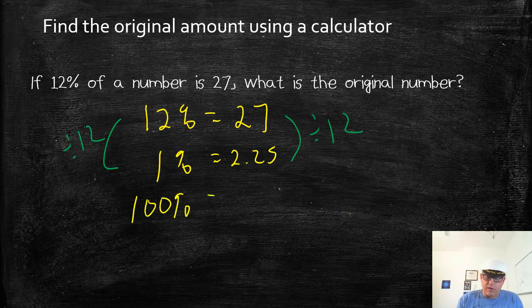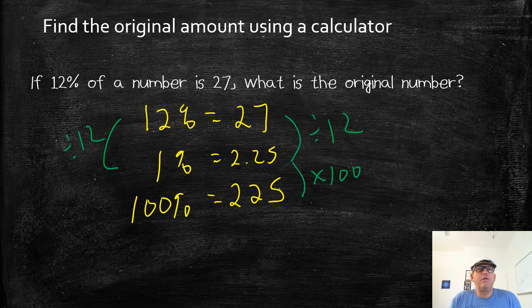And the question says, what's the original number? The original number is 100%. 100% of something is something. If I have 50 reals, 100% of 50 reals is 50 reals. So I'm multiplying by 100 this time, so I'm going to end up with 225. Another nice way of laying out your work like this is that in our next module, we're probably going to be looking at ratios, and working out like this will help us with ratio problems also.